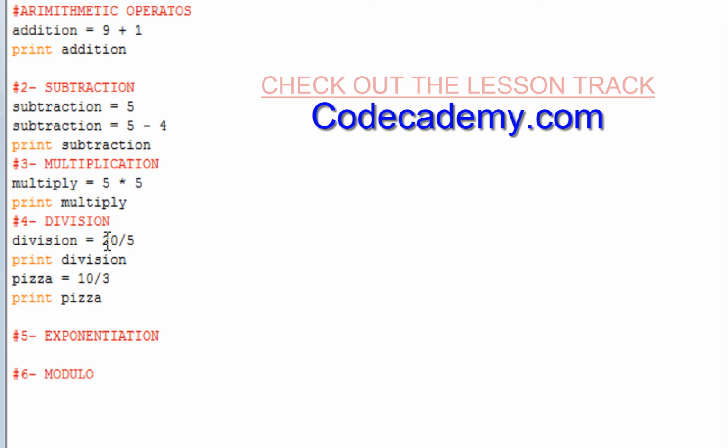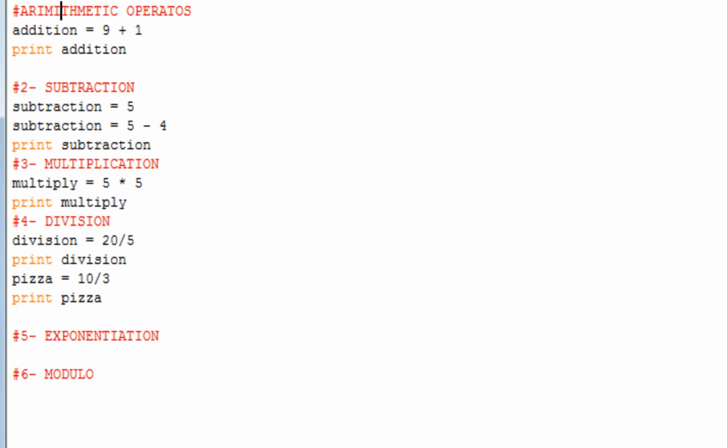Division, the variable is 20 divided by 5, which should be translated into 4, and pizza, 10 slices divided by 3 people, it should be somewhere around 3.33333 something, etc., etc.